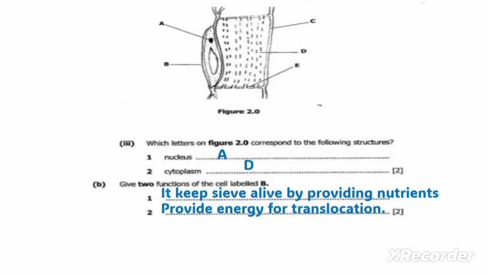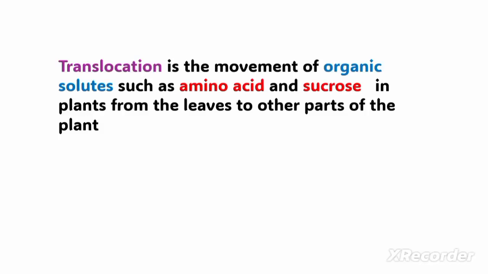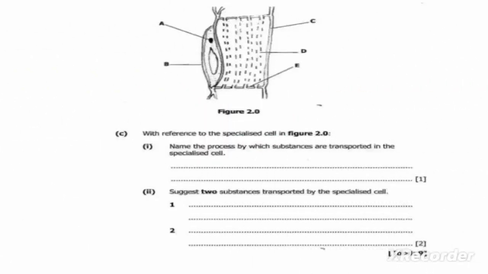So the companion cell provides the phloem cell with the energy. Translocation is the movement of organic solutes such as amino acids and sucrose in plants from the leaves to other parts of the plants.